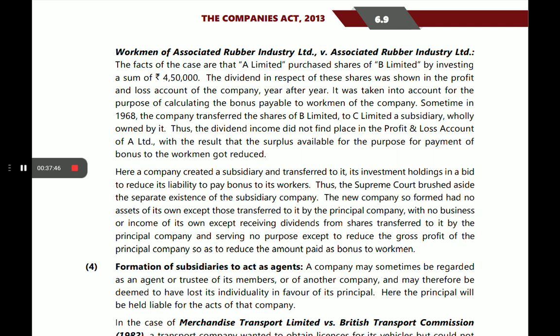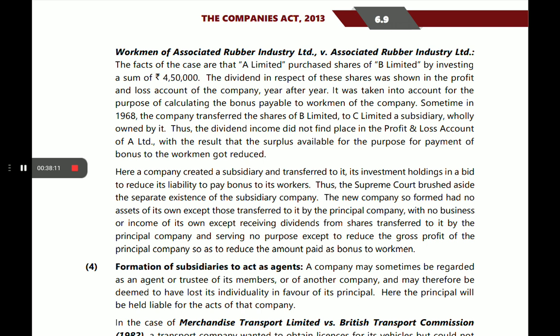The facts of the case are that A Limited purchased shares of B Limited by investing a sum of 4,50,000 rupees. The dividend in respect of these shares was shown in the profit and loss account of the company.